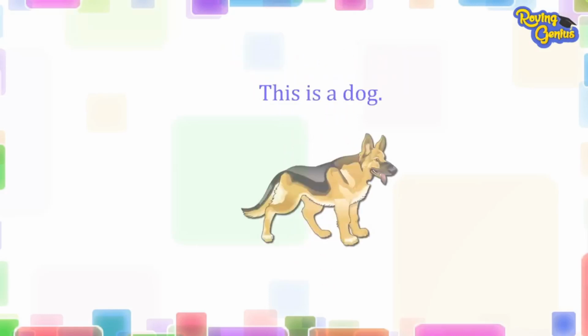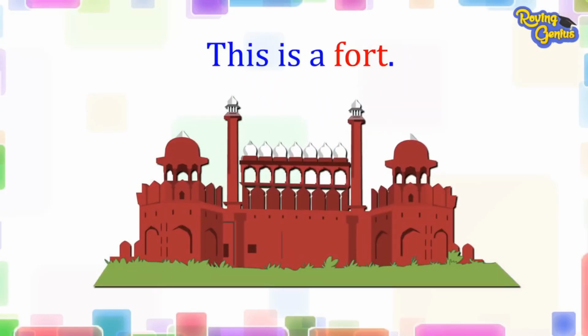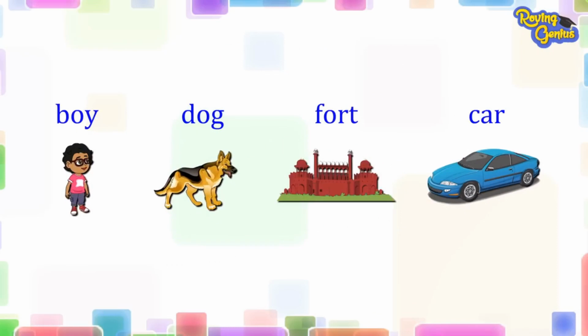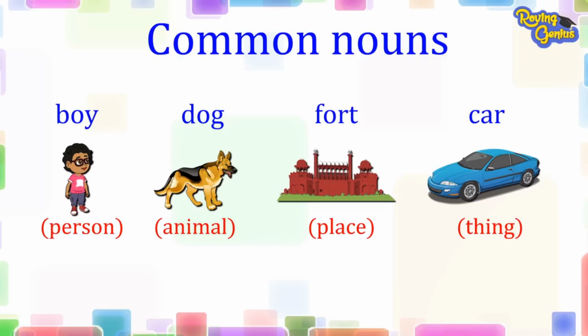Look at the following pictures. This is a boy. This is a dog. This is a fort. This is a car. All these names are general names of a person, an animal, a place, and a thing. These are common nouns. Now, let's give special names to these common nouns.